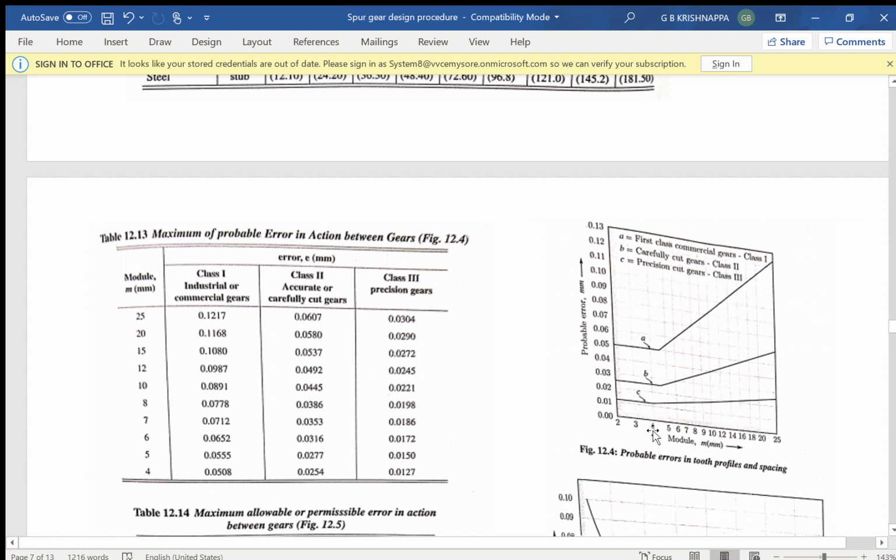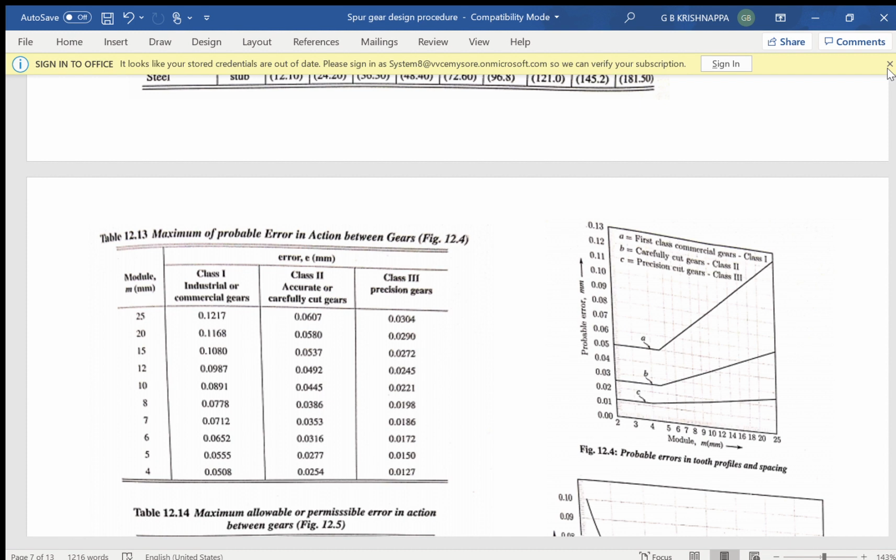If the module is 4 mm and it is a class 1 gear, and in the question it is not given, you have to assume a suitable class. So 4 mm is the module and the class is first class commercial gears, class 1, then you will have error equal to 0.05.